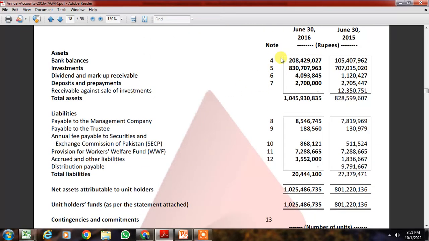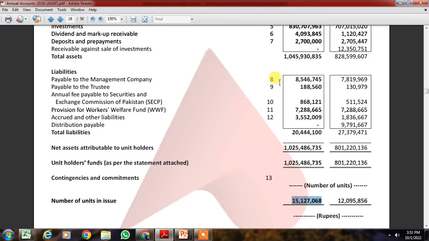We first calculate the assets and then deduct the liabilities. So what is left is the net assets available to the unit holders. If you want to find out the value of one unit, you are supposed to divide these net assets available to the unit holders by the number of units that have been issued.